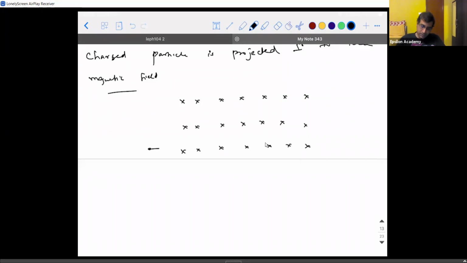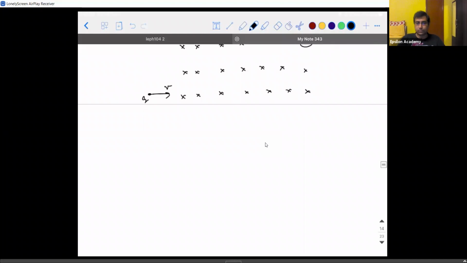Right, when a charged particle is projected like this with a velocity v, then as soon as the particle enters the magnetic field, the magnetic force it starts experiencing will be equal to q into v vector cross b vector.